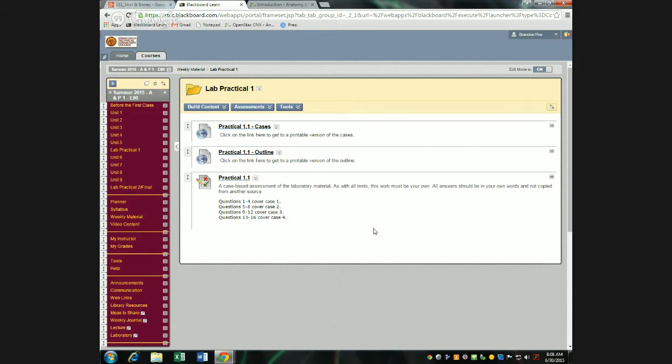It takes about an hour to set up that kind of test, but sometimes we only have 10 or 15 minutes between labs. So it's not the most efficient way to set up a test. So several years ago, I switched to a different sort of format, and that's the way that it works here.